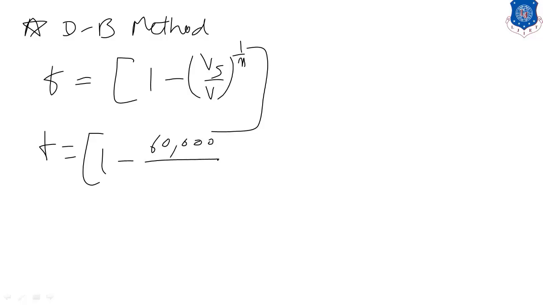Then V stands for the original value of equipment, which is 6 lakh rupees, whole raised to 1 upon N, which means the service life of the heat exchanger, which is 10 years. By calculating this term, we will get F is equal to 0.2056.